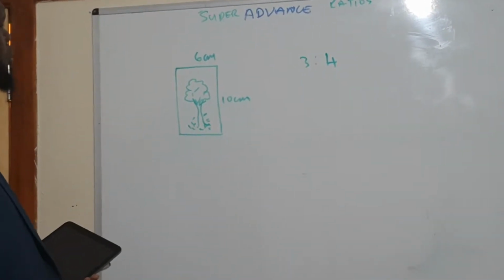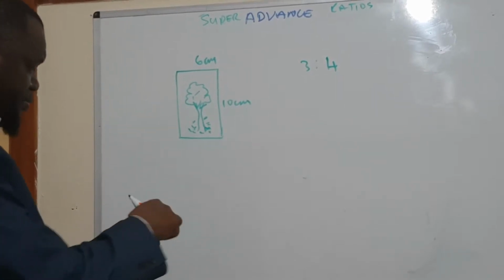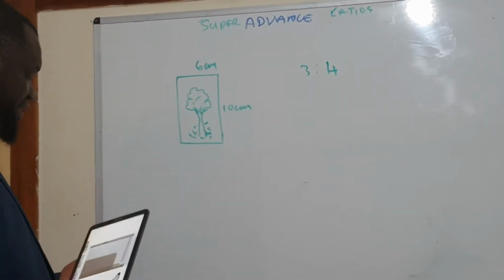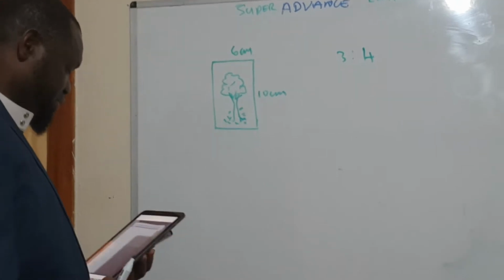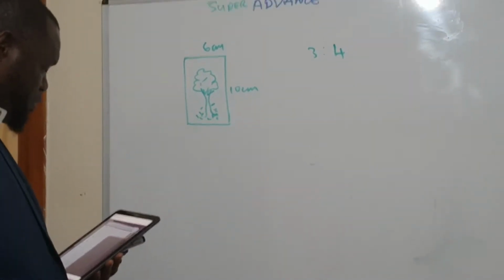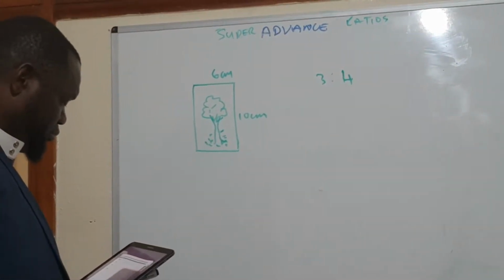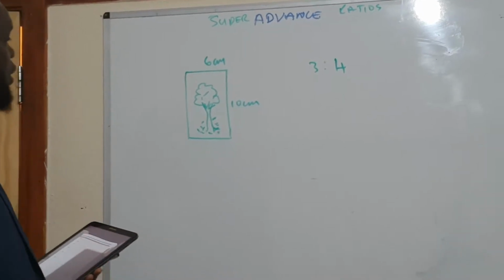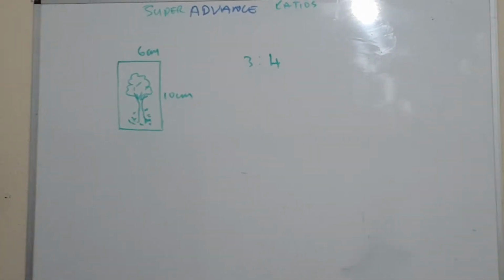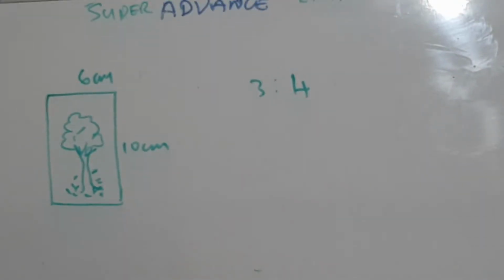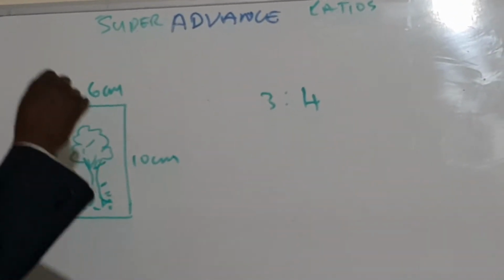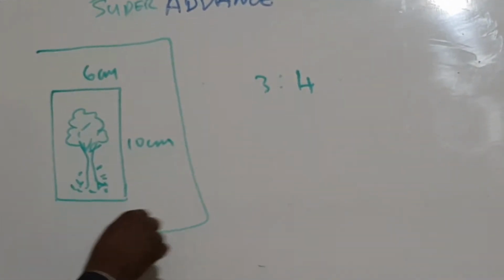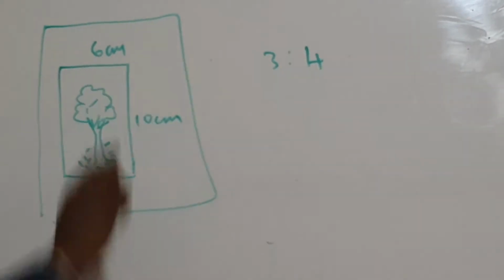They want to increase this by that ratio. Now look at it. We'll find the area first. They want to increase this frame so it can take a bigger tree, in that ratio.